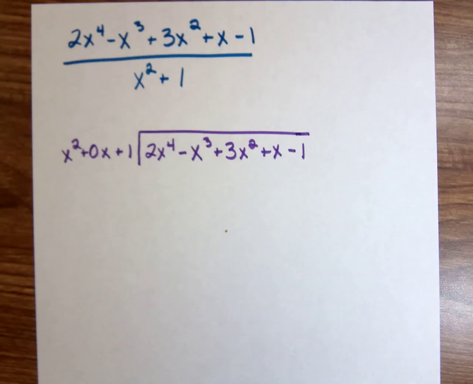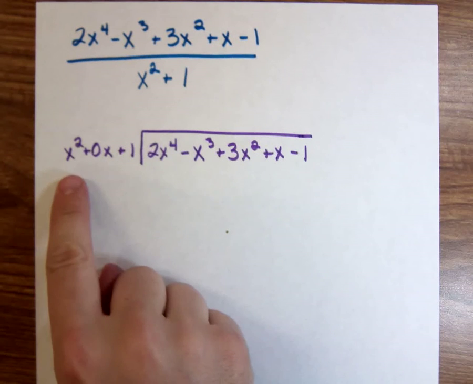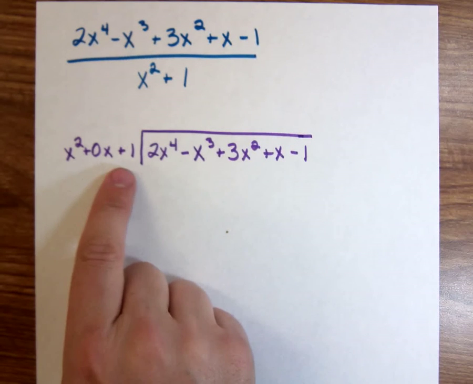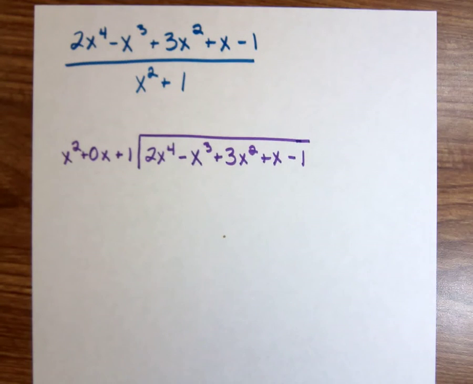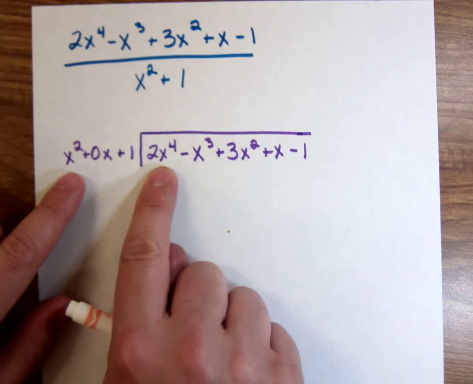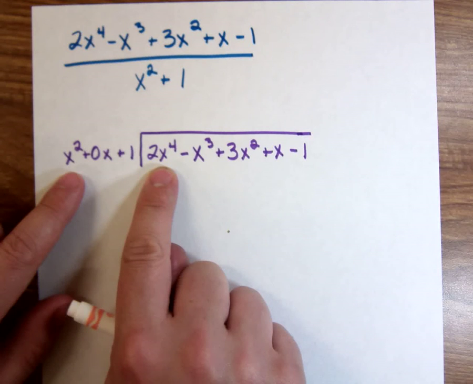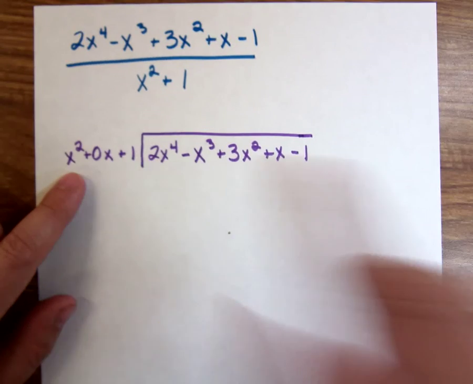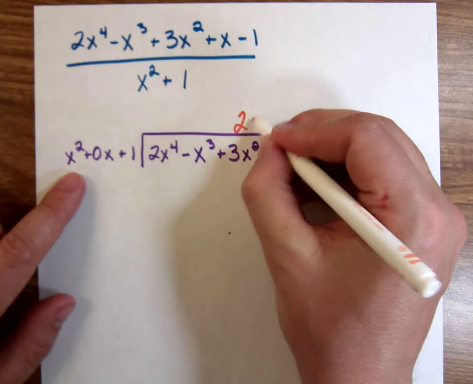Now this looks bad, and that's because it is bad, but we still follow the same process, which is that I'm really only going to divide by the x squared and let the other stuff work itself out. Okay, so step 1, 2x to the 4th divided by x squared. 2x squared, so I put it in the x squared column.